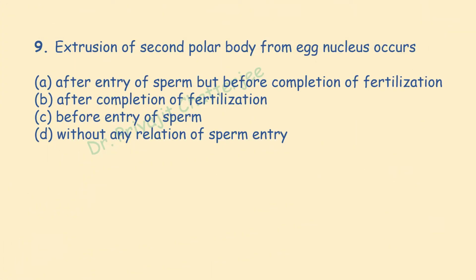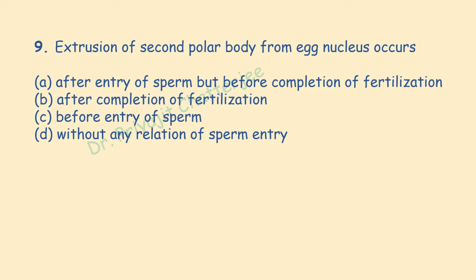Extrusion of second polar body from egg nucleus occurs. Extrusion of second polar body from egg nucleus occurs after entry of sperm but before completion of fertilization. The entry of sperm into the ovum induces completion of the meiotic division of the secondary oocyte.